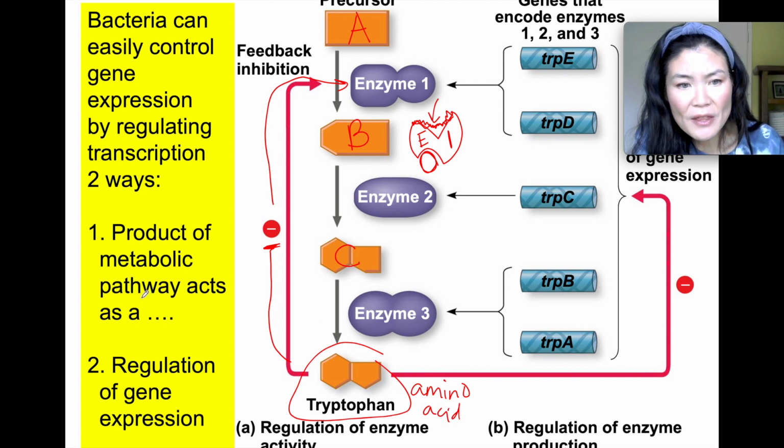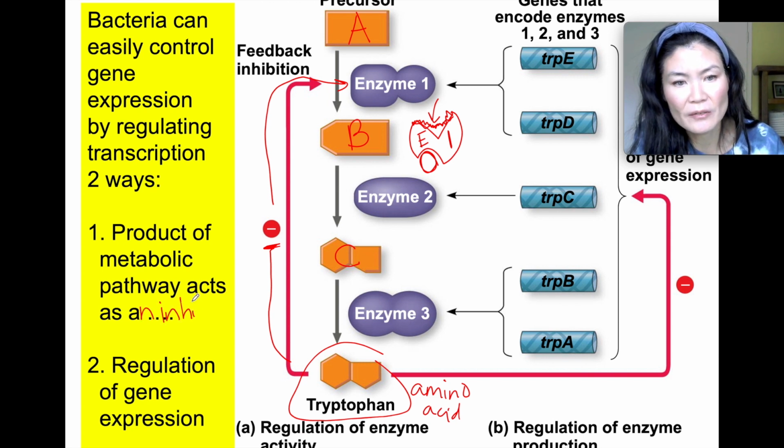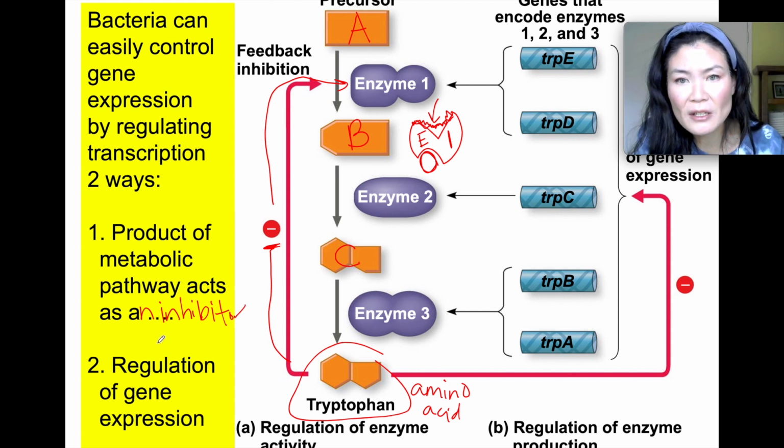The second way that, so number 1, product of metabolic pathway acts as an inhibitor. Okay? The second way that prokaryotes or bacteria can regulate gene expression, control gene expression, is that the tryptophan is going to actually act as like a repressor or shut down these genes.